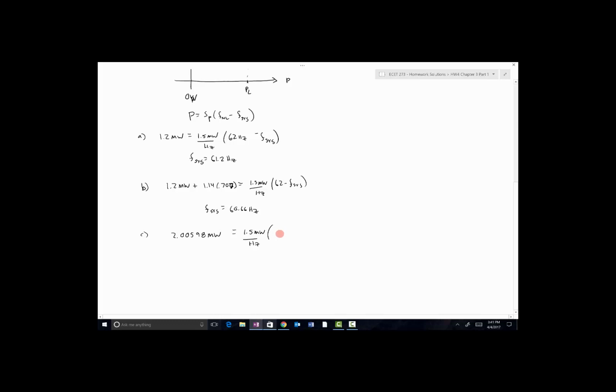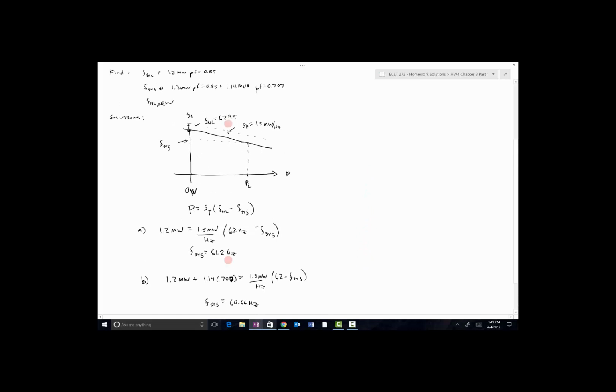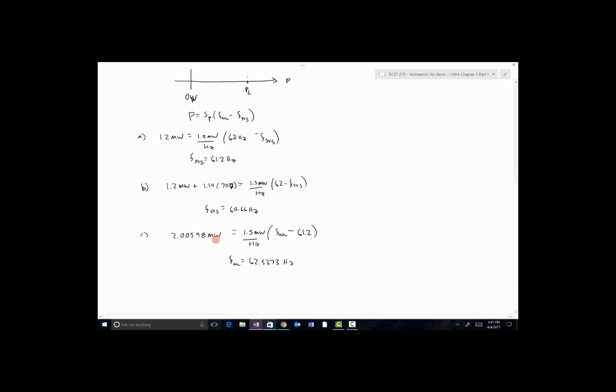I need to change the no load set point of the generator, so that becomes the variable that I'm going to solve for, and I wanted to go back to 61.2 hertz. So now all I have to do is solve this equation, and I find F no load is equal to 62.5373 hertz. Before I was at 62, so I need to increase the no load frequency by 0.5373 hertz. That'll restore the system frequency back to 61.2 hertz for this larger load that we calculated in parts B and C.